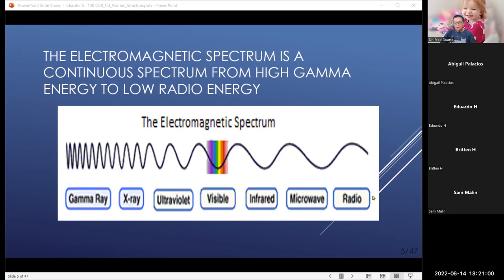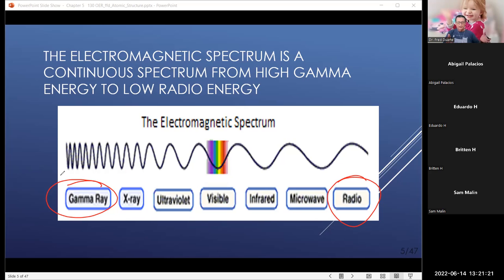On the far right is the radio waves. Okay, very long wavelengths, up to meters. And on the far left we have gamma rays, very, very short wavelengths, and very powerful.